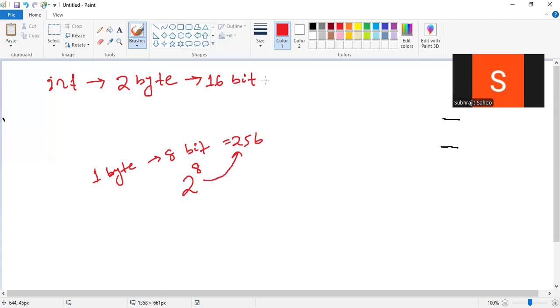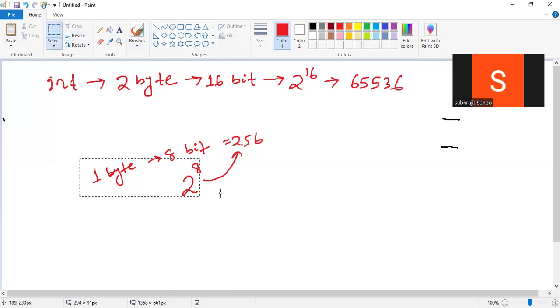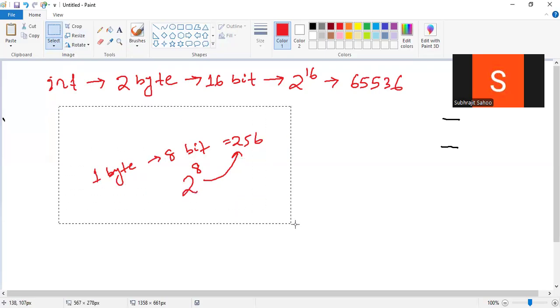Similarly, here in this case, 16 bit means how many values can we store? 2 to the power 16 values we can store. That is nothing but 65,536 values we can store here in the integer type. Right?